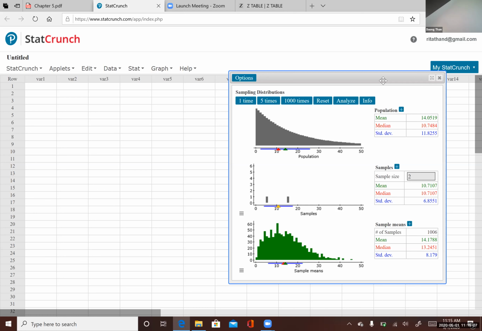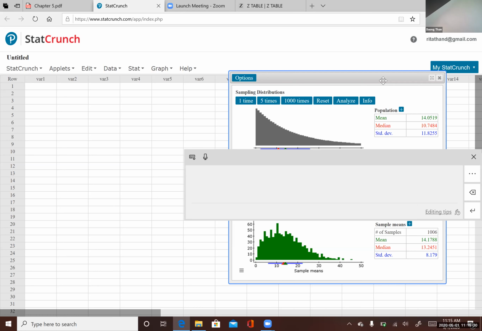So the standard deviation is smaller. That means the variation of the sample means is smaller compared to the variation of the populations. So this is an illustration of a skew-right distribution when the sample size is 2.